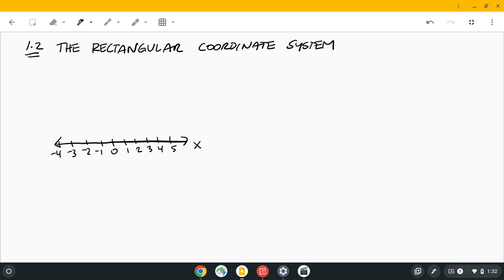Okay? And then we have another axis called the y-axis. This here is also a number line with 0 right there in the center. And then the positives are up here, and the negatives are down here.